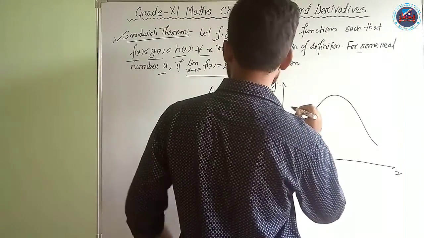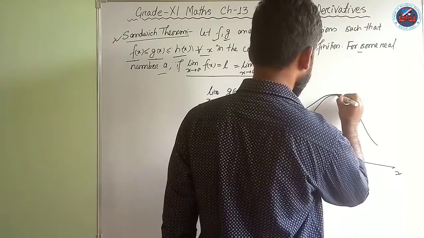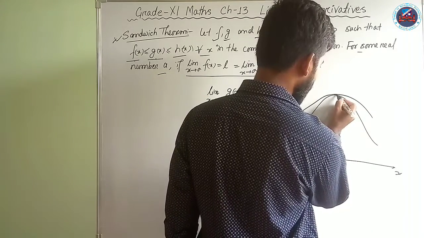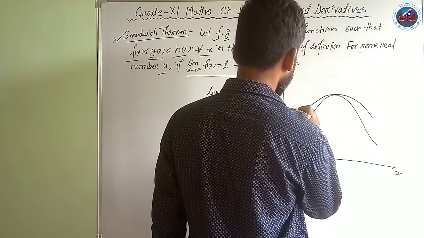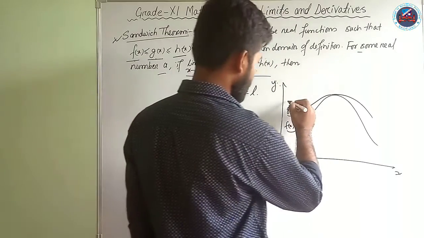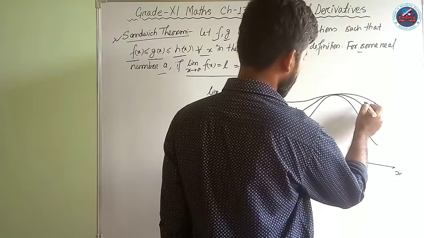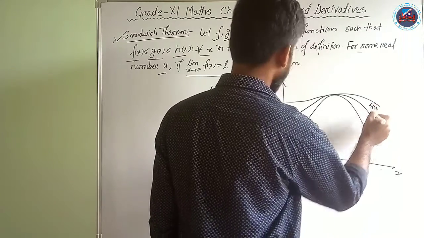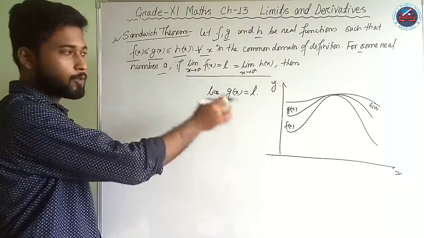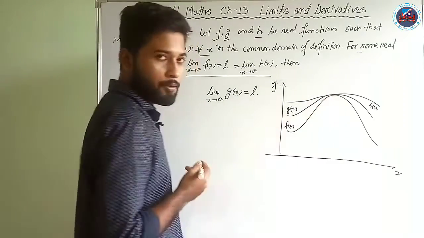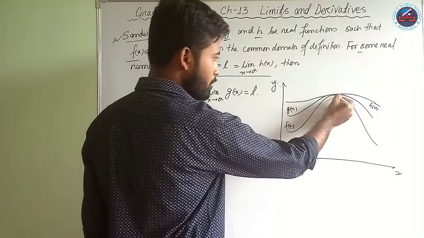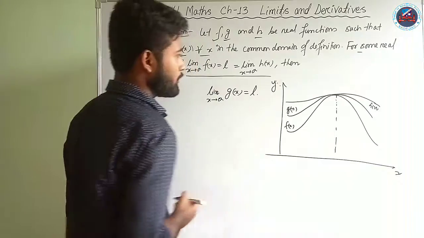It is slightly bigger than f(x), so let me consider it as this, and it is touching at this point, say this is g(x). And what is h(x)? Bigger than them and touching at this point, h(x), because it is written here that it is less than or equal to, so at some point these functions are equal. Let me consider that this is the point where these functions are equal.